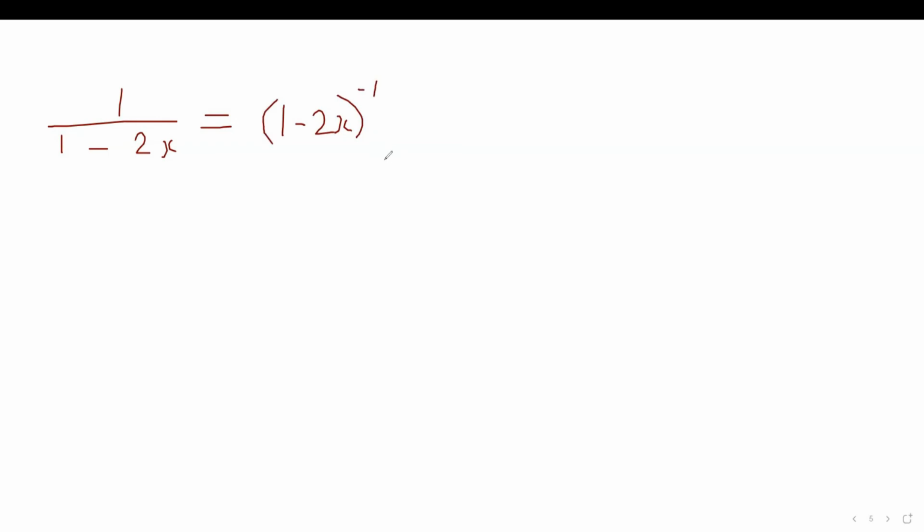And so now, since this is being raised to the minus 1, it's going to be 1 plus nx, n is negative 1, so it's negative 1, times x, x in this case is negative 2x, plus n times n minus 1, so that's now negative 1, times n minus 1, it's negative 2, times x squared, in this case it is negative 2x being squared.